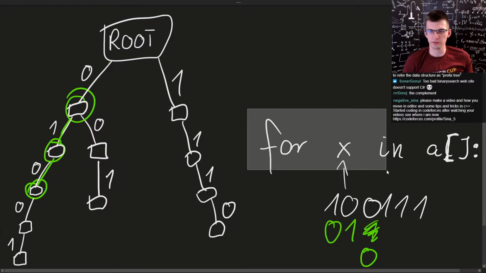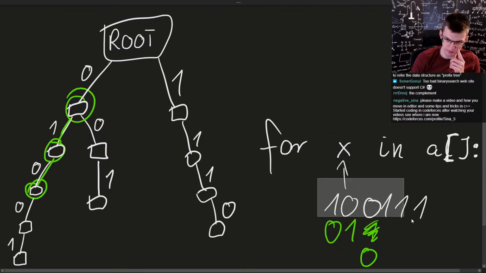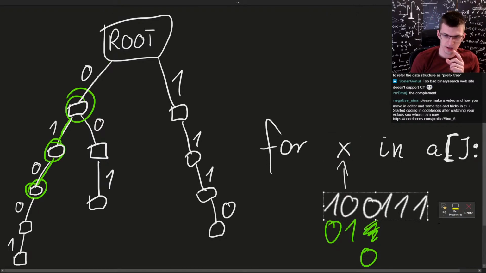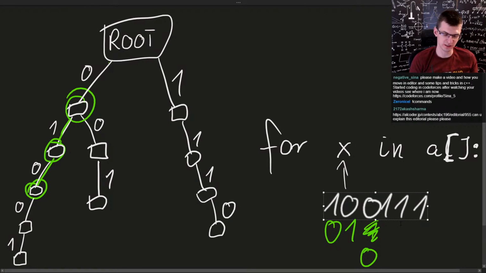That's the algorithm. First create a trie, then for every number in the array A, let's say this first number is x, I look at its binary representation, and going from most significant bits, for every bit in that second number, if possible, I try to get the opposite of what I have in x.